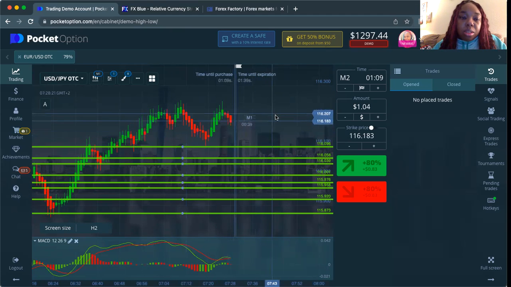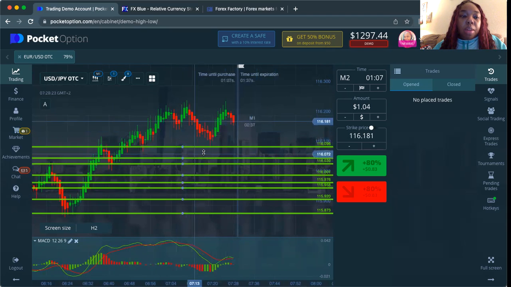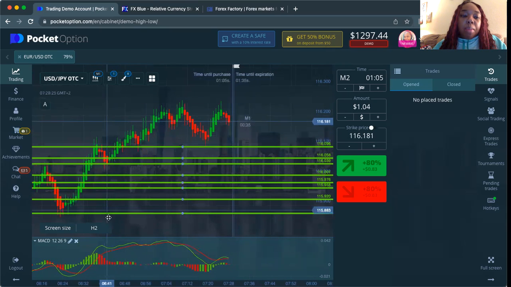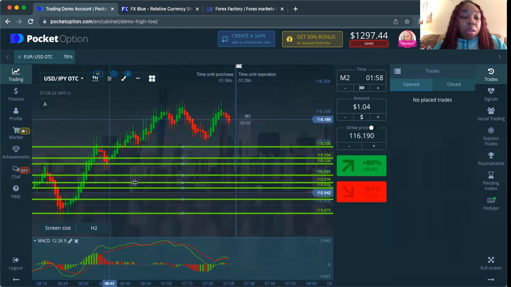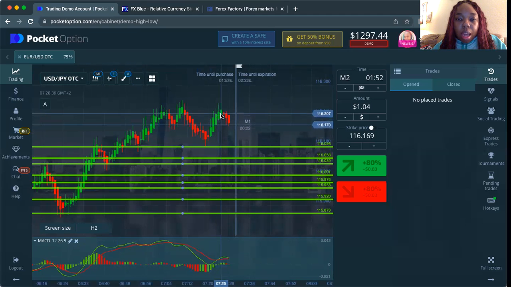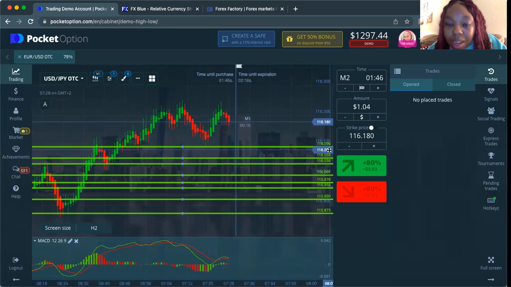So let's get into it. The best way that you can mark up your charts, and you see I already kind of have marked my charts at the bottom. I think I did this maybe 2 hours ago. So you could clearly see based off of what I have done, price had gone up, because the last markup I did, price was at 116.096.